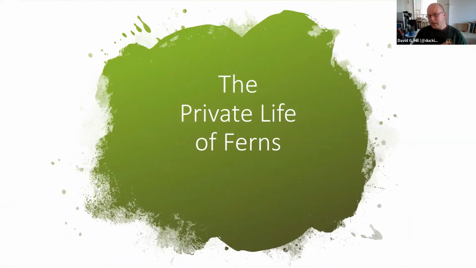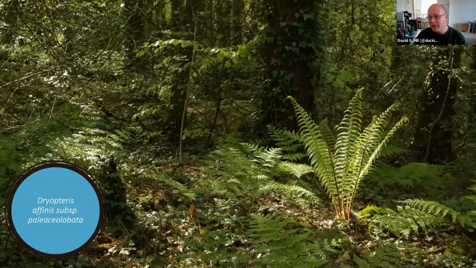I want to talk a little bit about fern reproduction, basically because, as I say, it underpins most of how we classify ferns. And when we think of ferns, this is what we tend to think of. We tend to think of a shuttlecock-shaped structure out in a woodland somewhere.